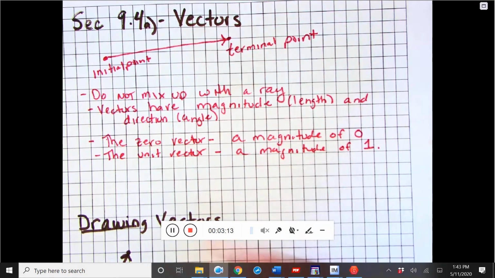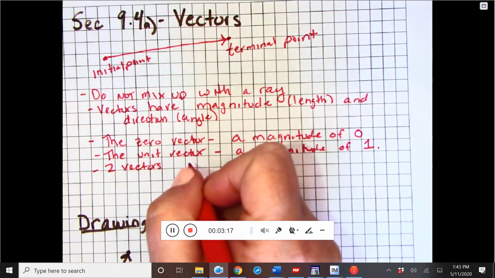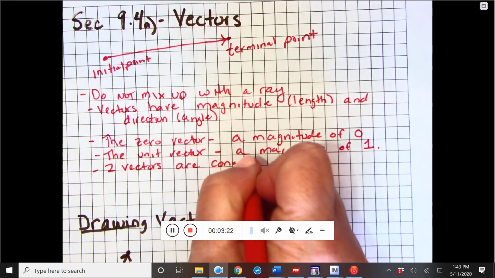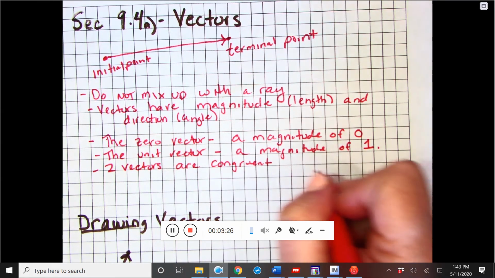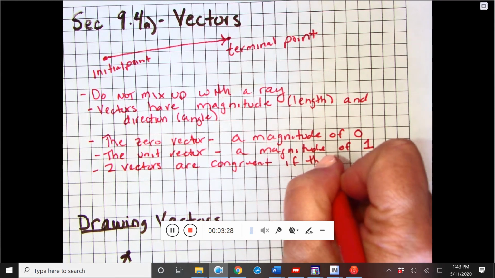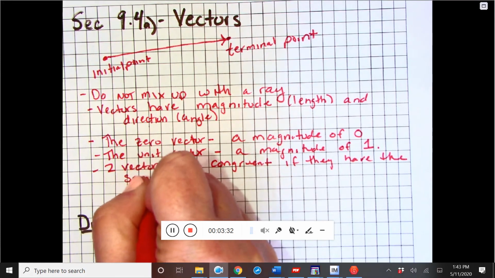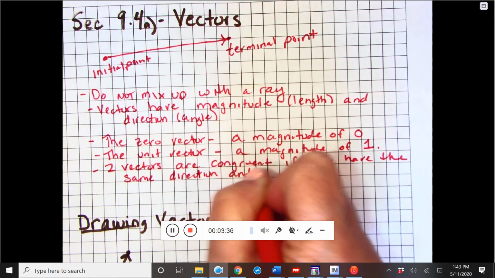Two vectors are congruent if they have the same direction and magnitude.